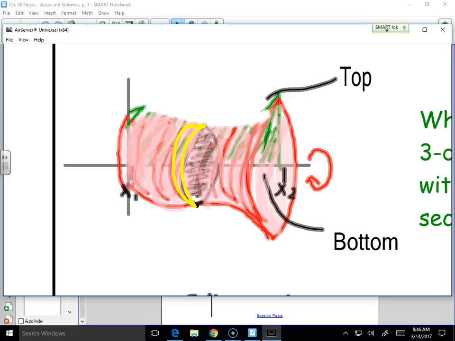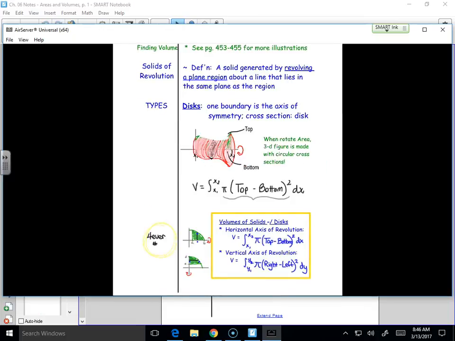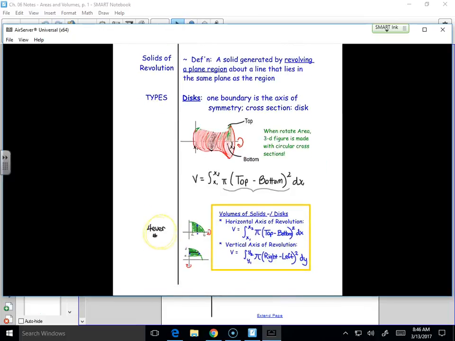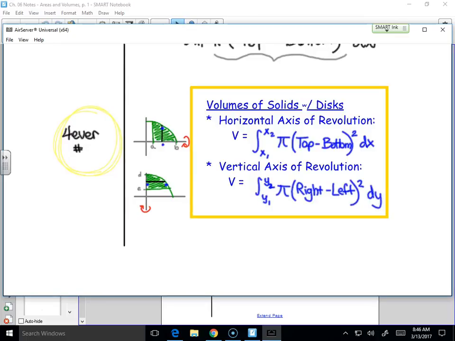What shape is their slice? A circle. And what area formula are we going to use if we have circular cross sections? Pi r squared. And so this new forever card that we're going to see tomorrow, does anybody see pi r squared in there? Yep.